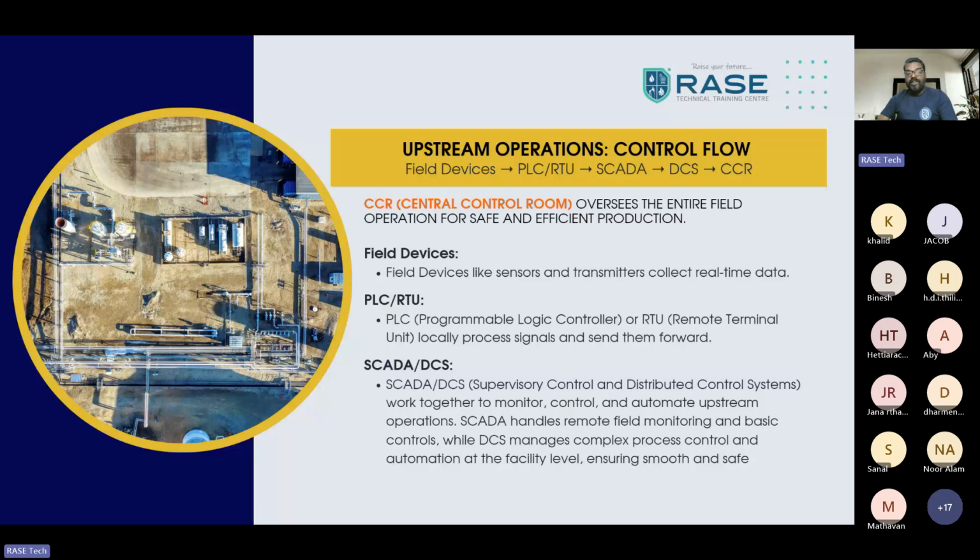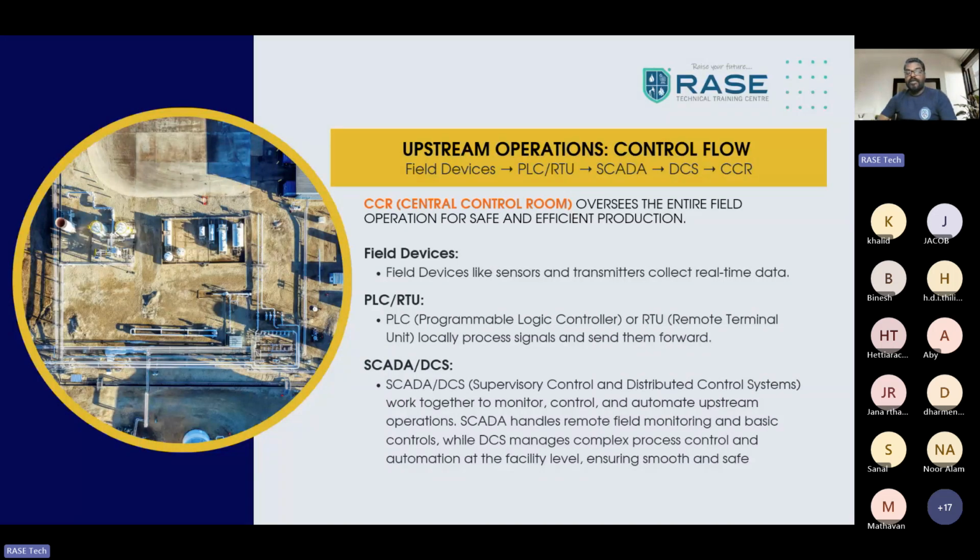So the RTU is a hardware device. The field device is also hardware, but the SCADA is software. Whatever data the RTU collects from the field, the SCADA can give you the visibility.